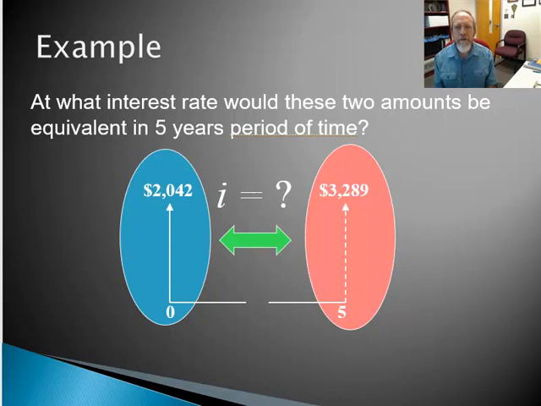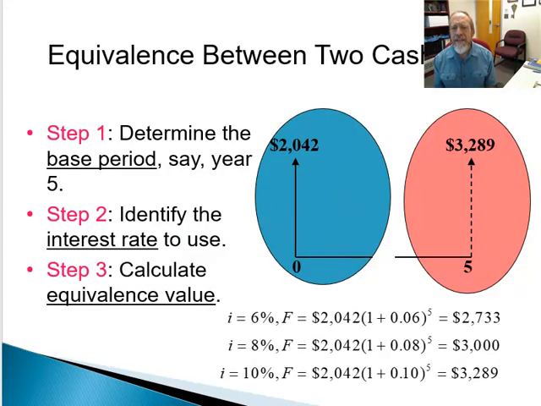At what interest rate would these two amounts be equivalent over a 5 year period? It's not that hard, because really all you're doing is solving for the interest rate itself. You solve for i. In this case, we're showing an example of i at 6, i at 8, i at 10. i at 10 gives you 3,289.